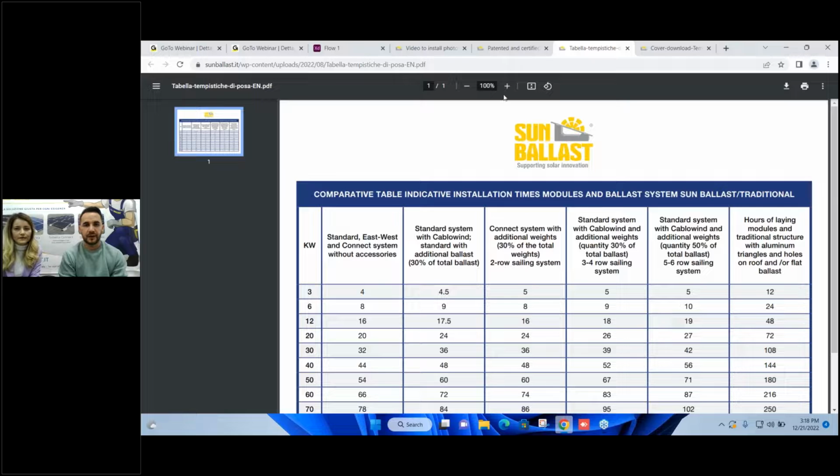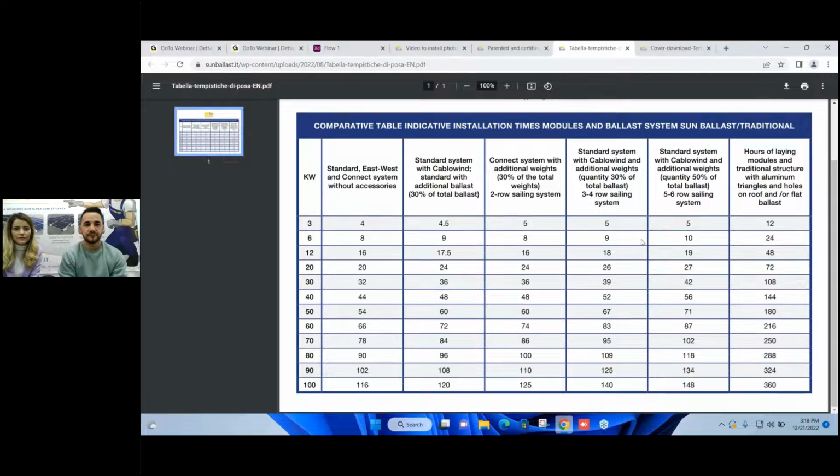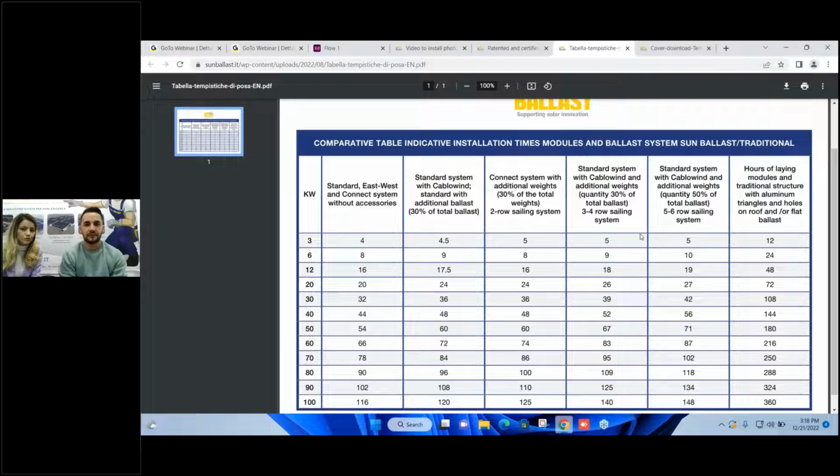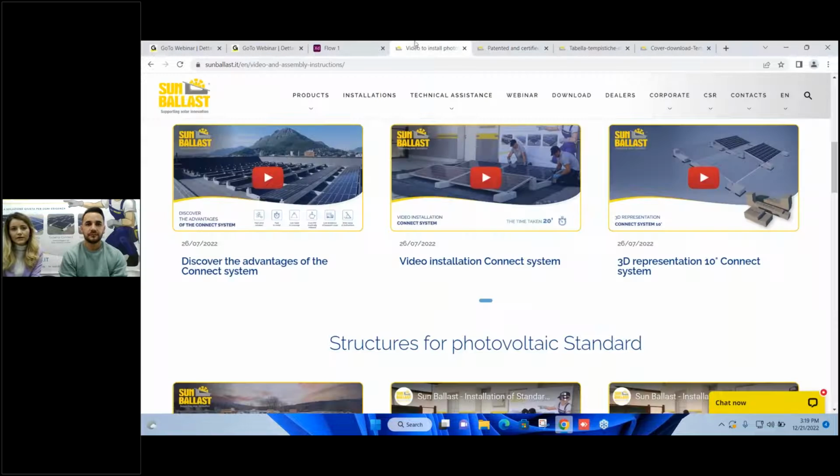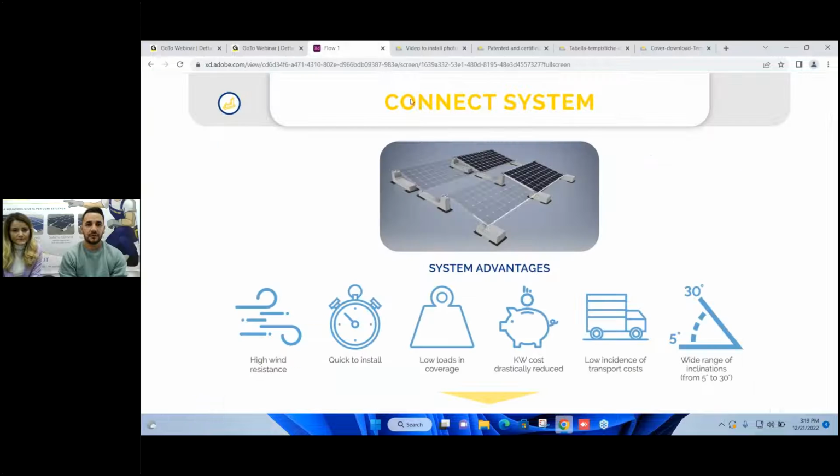So this is the table that I was talking about. For each system, including or not including accessories, you have the time that you need per kilowatt. Okay, perfect. So that's our Connect system.